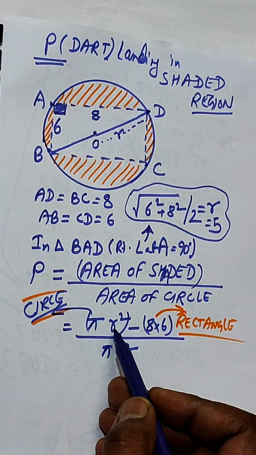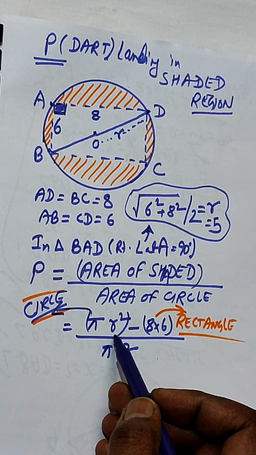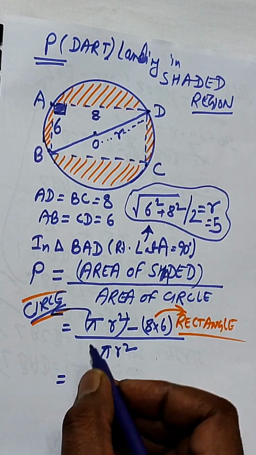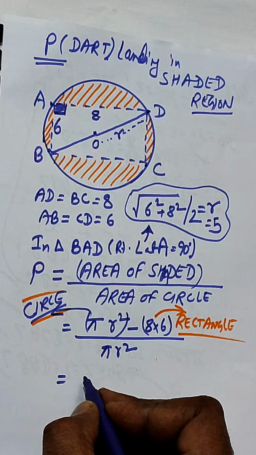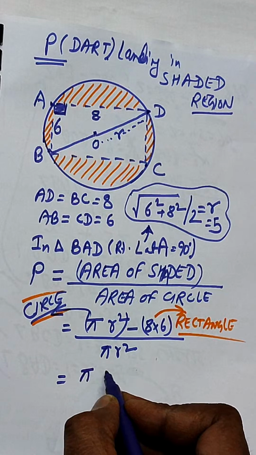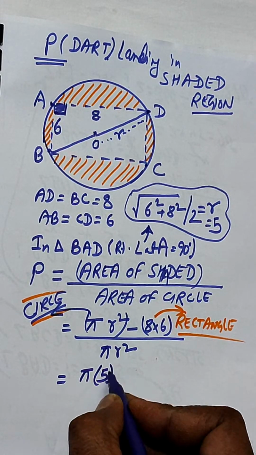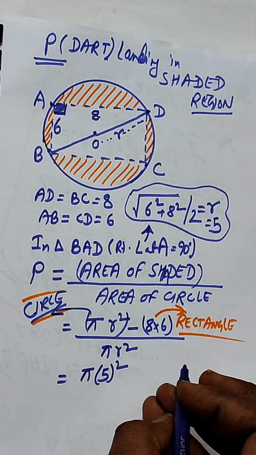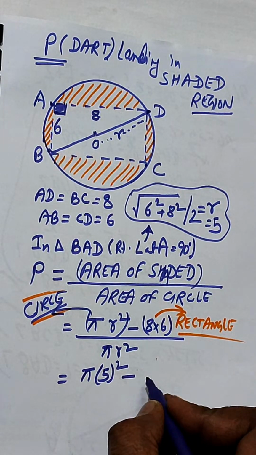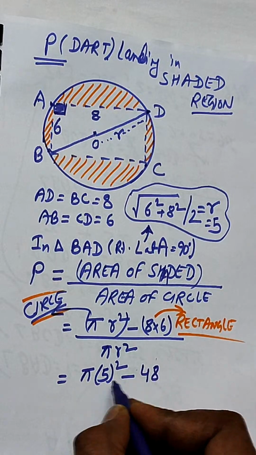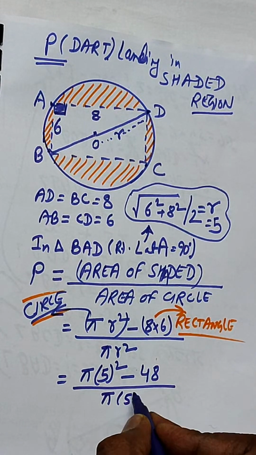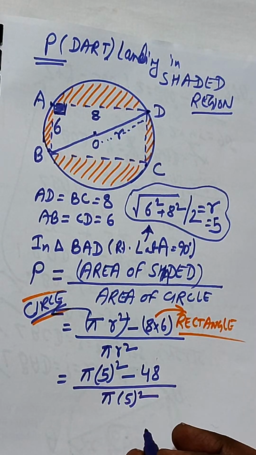we can say that the area of the given circle can be calculated. So pi into r square will be pi into 5 square, right? Minus 8 into 6, it's 48, divided by pi into 5 square, right?